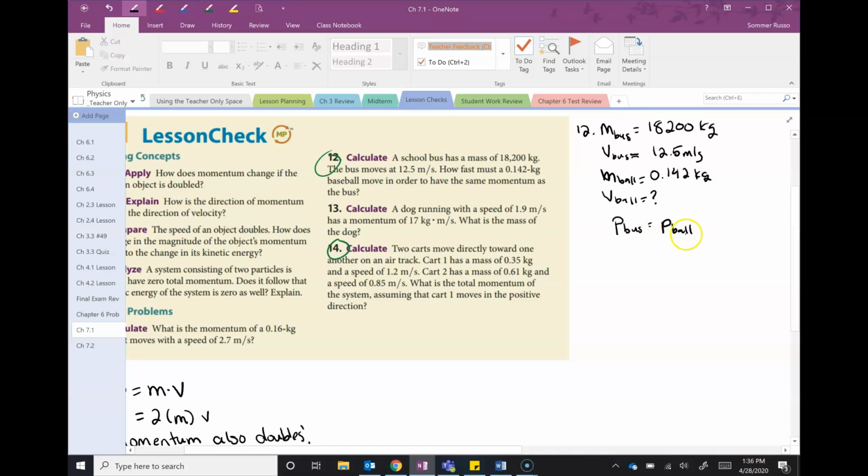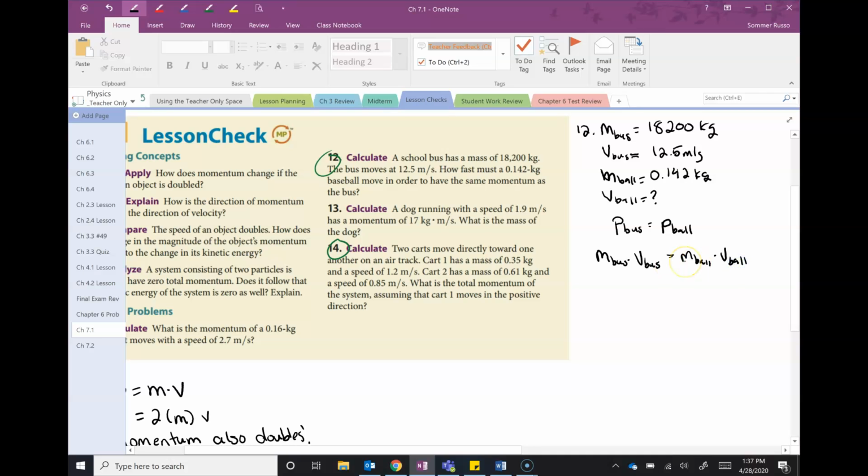We want these 2 momentums to be equal, so what does this velocity have to be? Well, let's expand the momentum equations out here. Momentum of the bus is the mass of the bus times the velocity of the bus, and the momentum of the ball is the mass of the ball times the velocity of the ball.